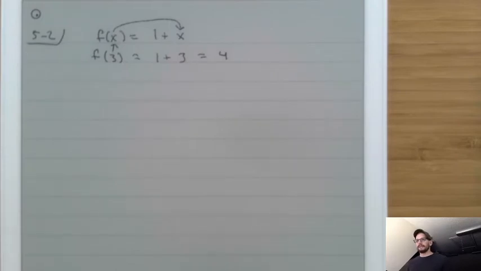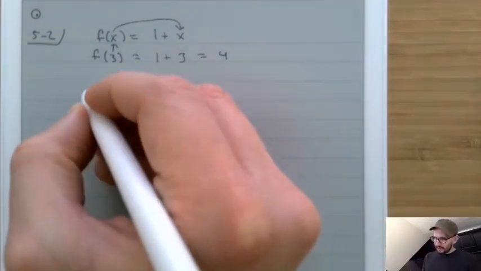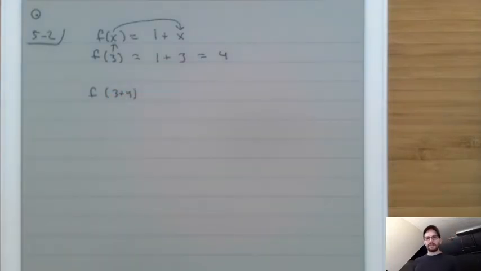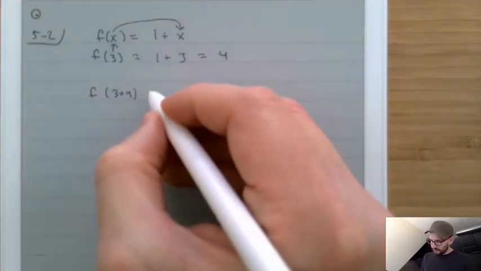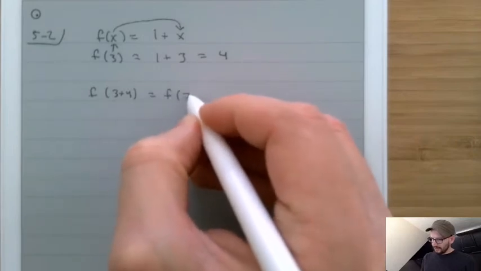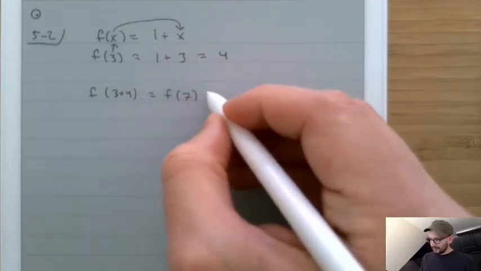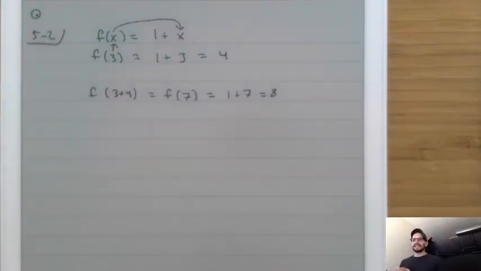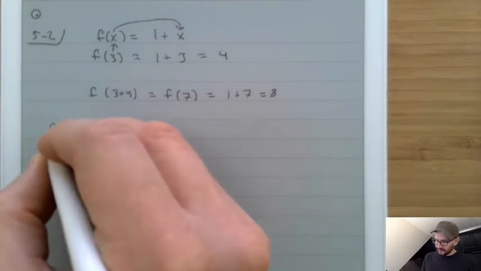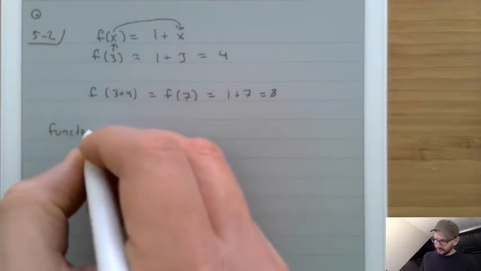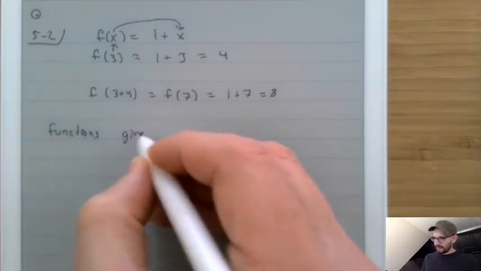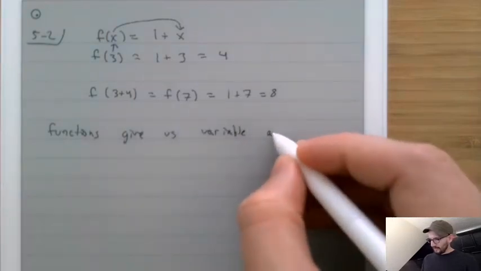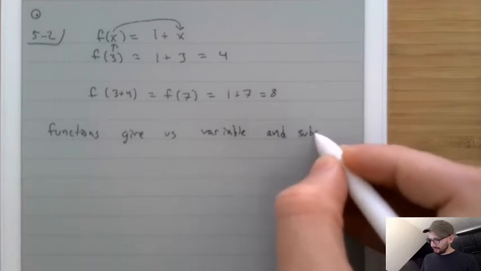And similarly, if I were to ask what is f of 3 plus 4, probably what they would say is, well, wouldn't it be simpler to first write down f of 7 and then plug that in and get 1 plus 7 and then get 8. So the key thing that functions give us is variables and substitution.